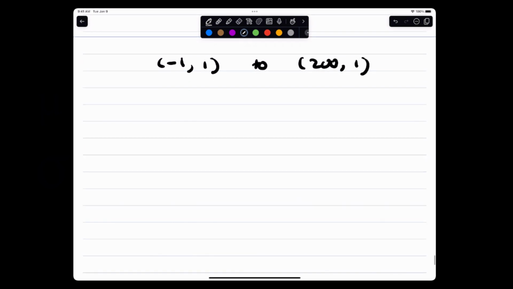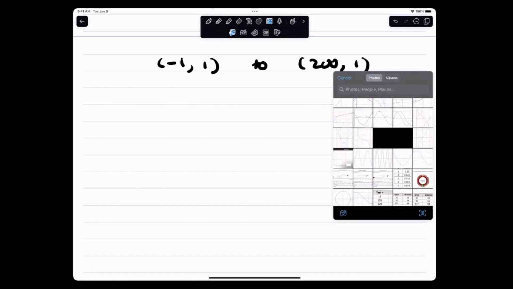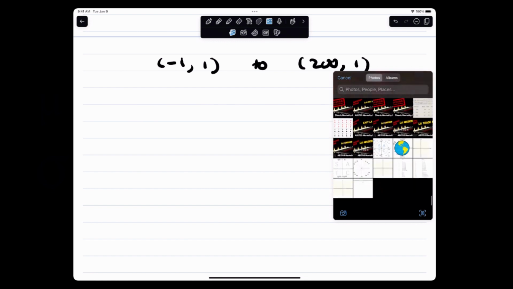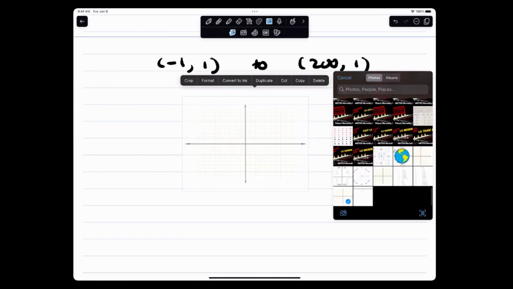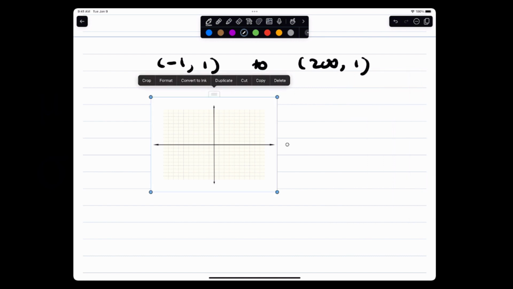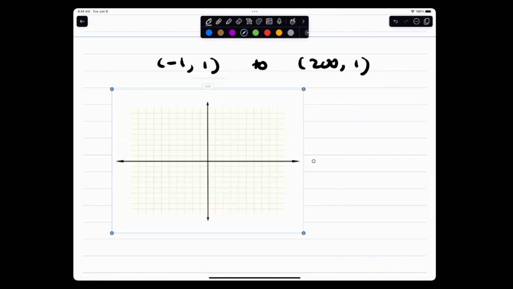Okay, so even if I bring in your picture for work here, there's the initial point and then the terminal point, right?